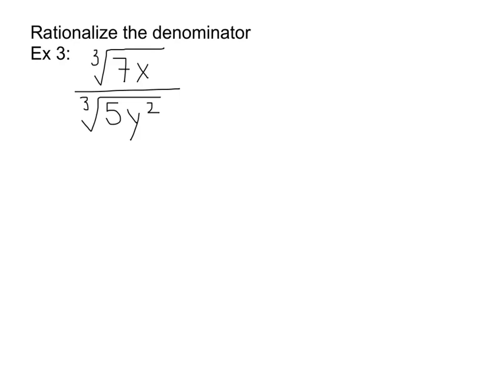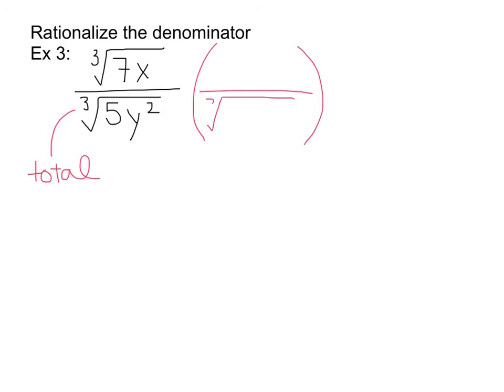Now we're going to learn how to rationalize the denominator when we're not given square roots. So we have the cube root of 7x divided by the cube root of 5y squared. The index on the outside of the radical tells you the total number you need to undo the radical. So we have to multiply.